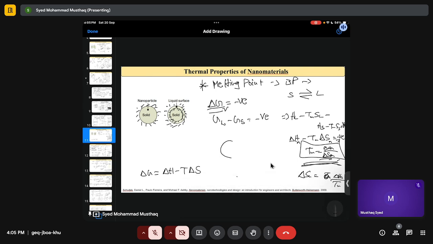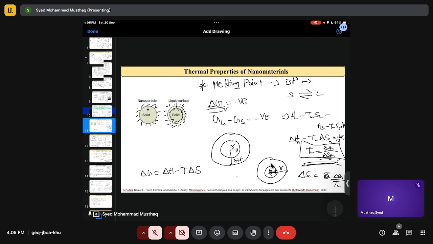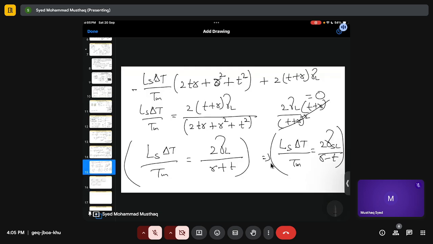If I have a solid and if I have liquid, if I take this as r and this as r plus t, then you will arrive at that condition. Or you can take this whole as r and this as r minus t, then you will have another condition, right?